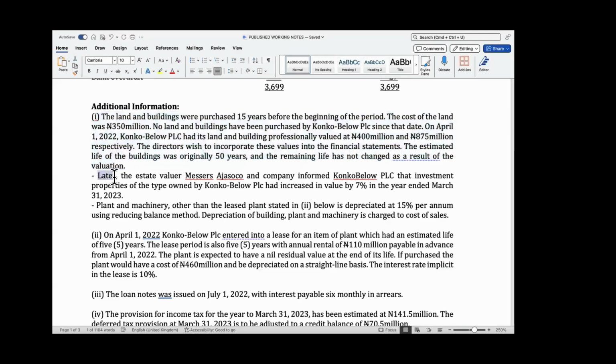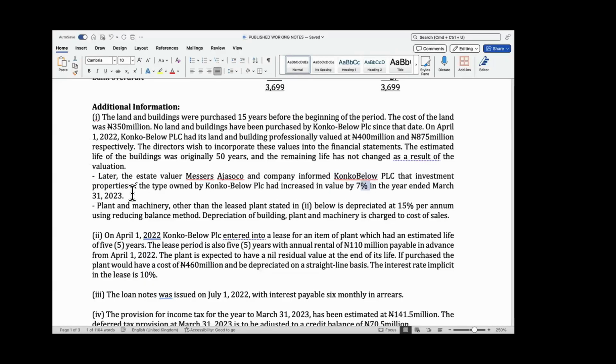Secondly, they say later, the estate valuer, Mesa Ajasuko and company, informed us, Coco Below PLC, that investment properties of the types owned by Coco Below had increased by 7.7% in the year ended March 31st, 2023.